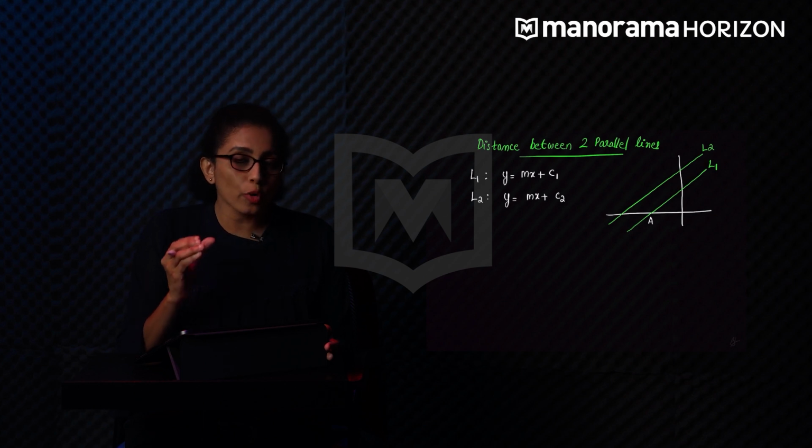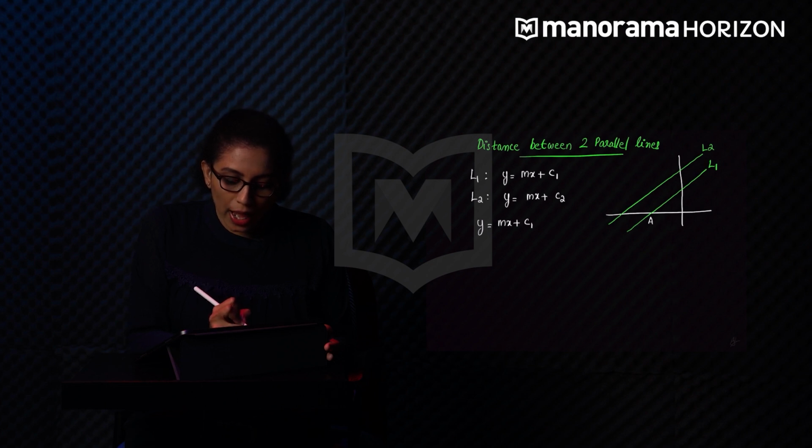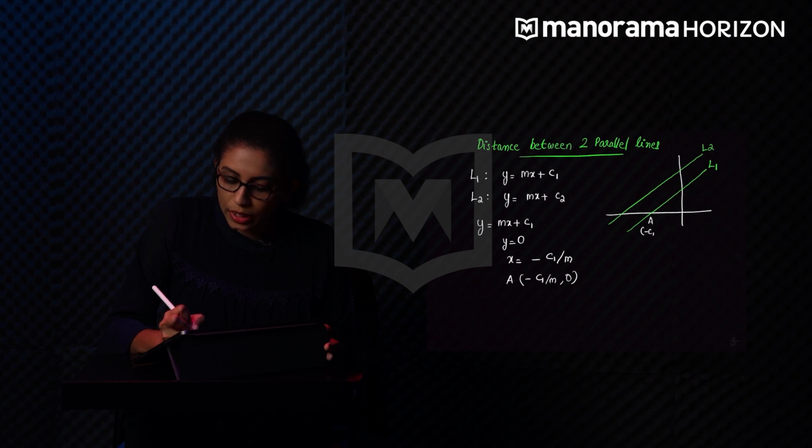Now what is the coordinate of point A? We have to find it, because in y equal to mx plus c1, the y coordinate is 0. So what is x? x is equal to minus c1 by m. So the coordinate of A will be minus c1 by m comma 0.